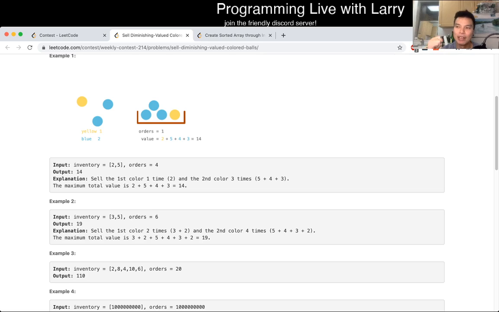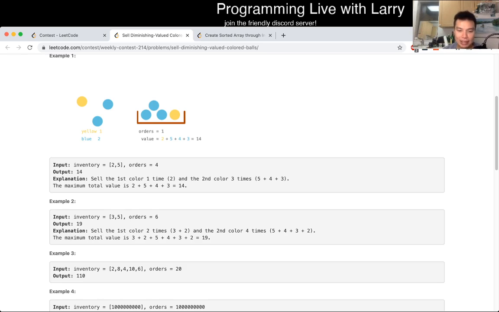With a heap, we can just take the max element every time, add it to the total value, subtract one from it and push it back, and you keep on iterating orders number of times.